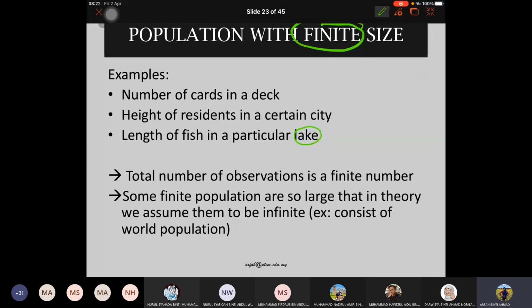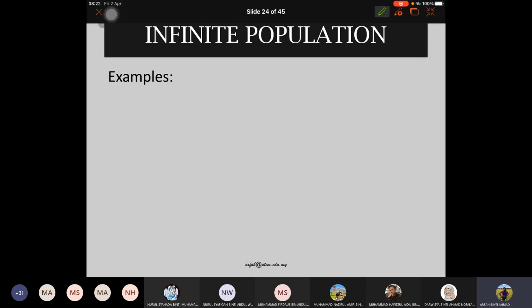So some finite population are so large that in theory we assume them to be infinite. For example, consists of the word population. Terlalu banyak, so it is considered as infinite population. Okay. So example of infinite population, an ending series of flip of a coin. That means you keep on flipping the coin, then you will get, ianya takkan habis kan?